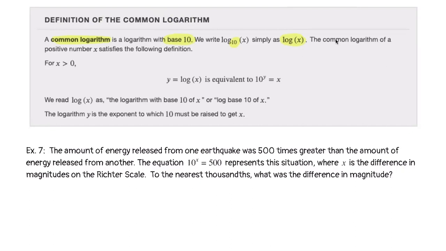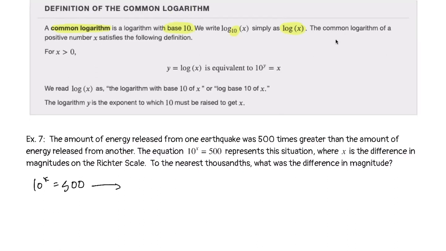So if I have 10 to the x equals 500, how do I rewrite that in log form? X equals log what?